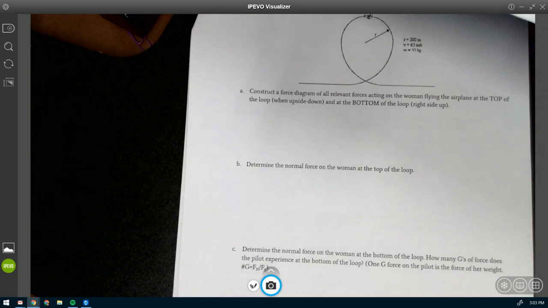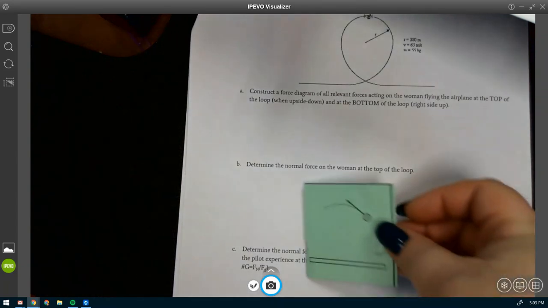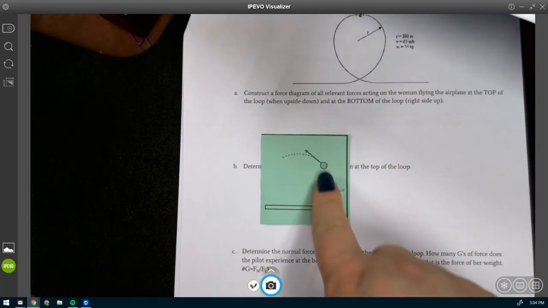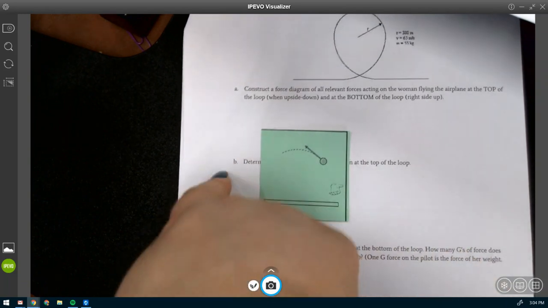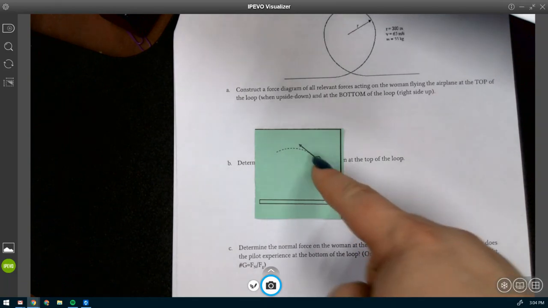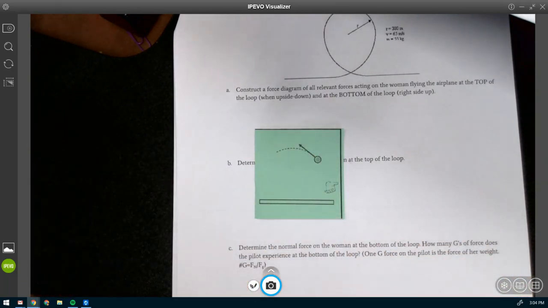I would like to note, there are some that look like this. This is a person that has tossed this ball in a projectile this way. So it's not in. It means that that's the tangential velocity at that moment.